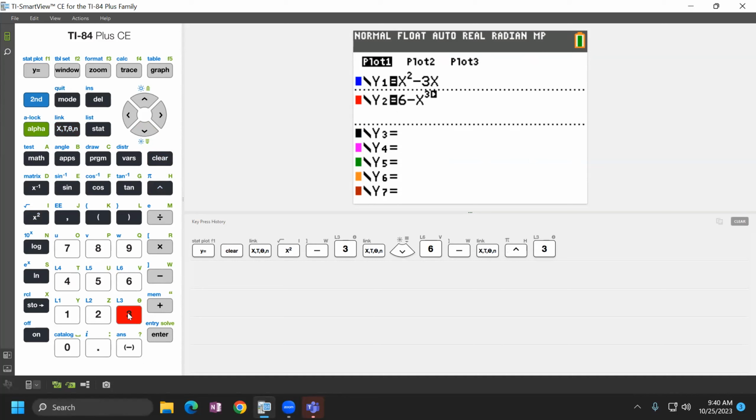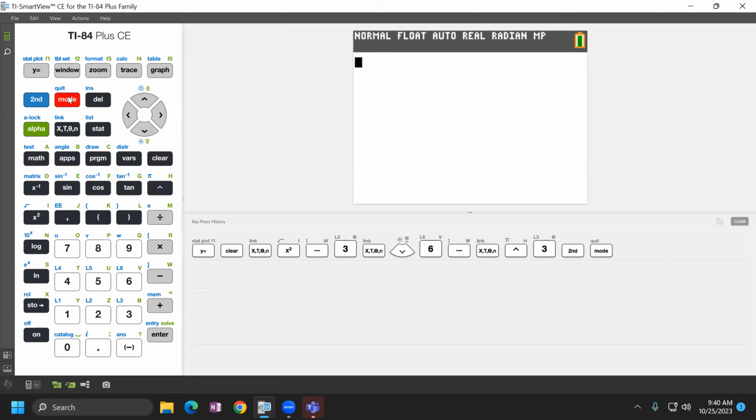Okay, so I have f of x in y1 and g of x in y2. Now I'm just going to get out of there. I don't need to graph them or anything like that. I'm simply going to evaluate those functions at whatever value I'm evaluating them at, and then adding them together.